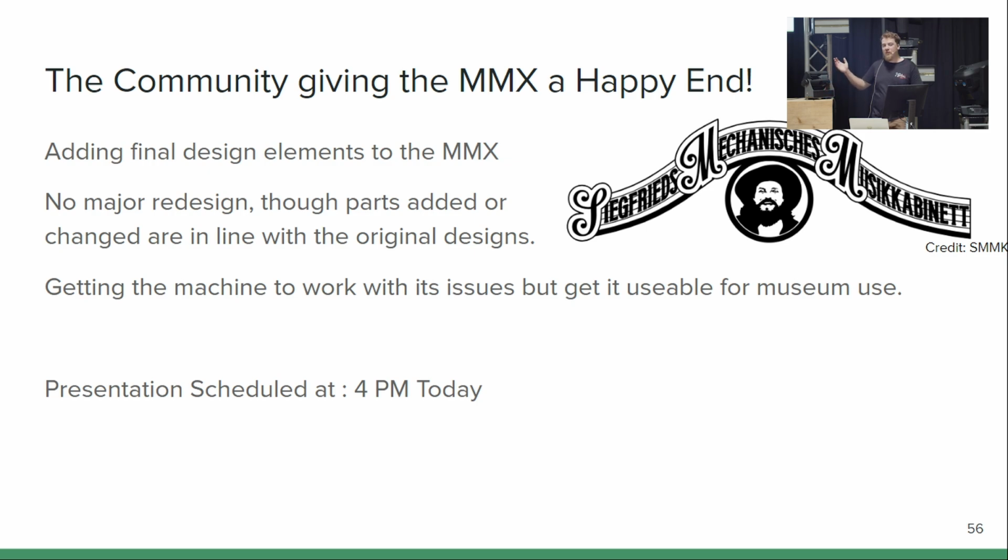So at this point we're not doing any major redesign to the CAD as it is, though we're adding parts that were put on, and any part that has sadly been removed, specifically the vibraphone tracks, those have been or will be switched out. And so we're getting it to a standard where it's modeled with the issues it has and how it will stay as the museum uses it.